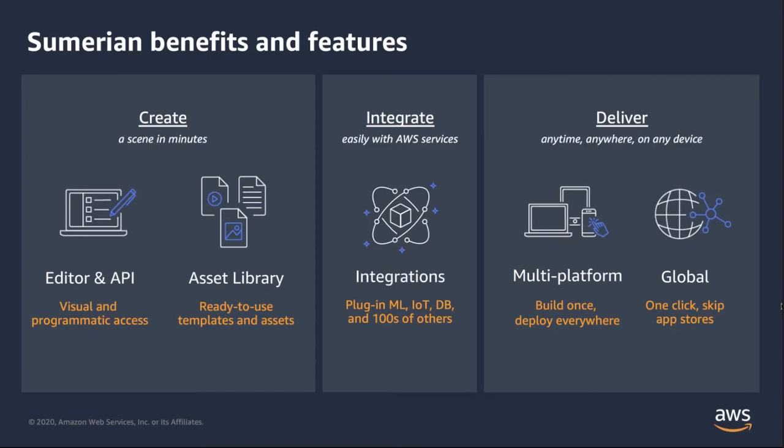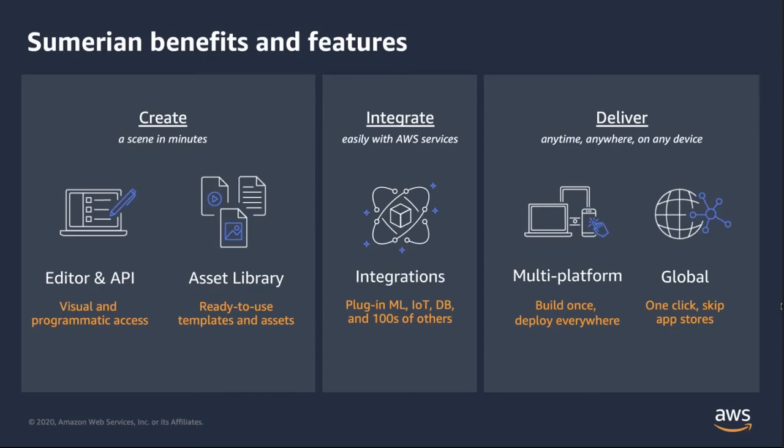A big part of the Sumerian story is really integration, as you might imagine, with any of our AWS services. Augmented and virtual reality applications really benefit from a variety of different services being integrated with them. In Sumerian specifically, we have special integrations for things like Lex, our chatbot service, which also offers natural language processing, or Polly, our text-to-speech service, or IoT for creating 3D visualizations of IoT data.